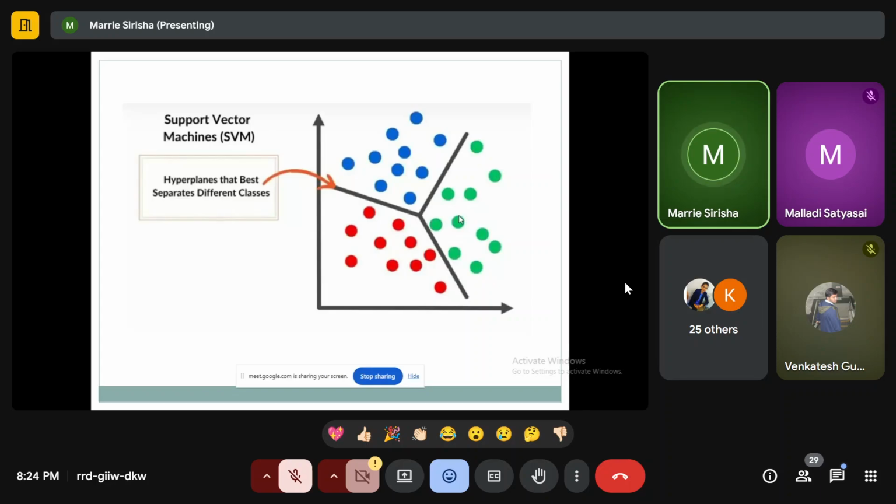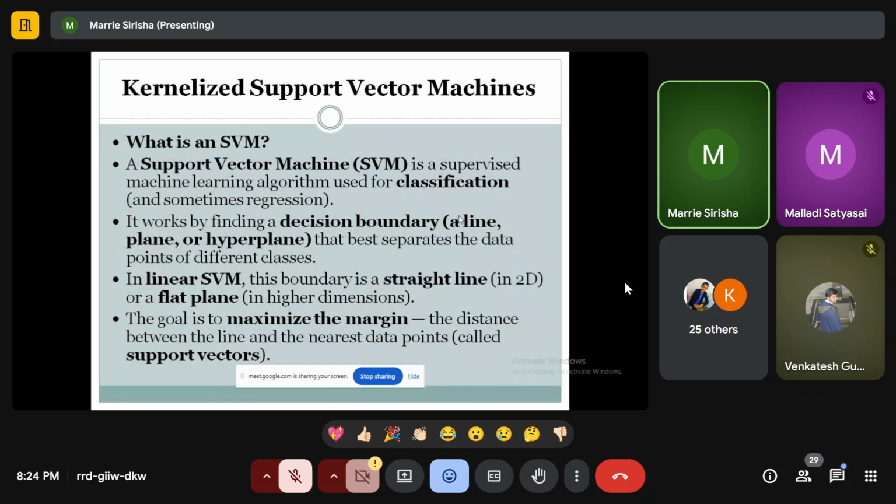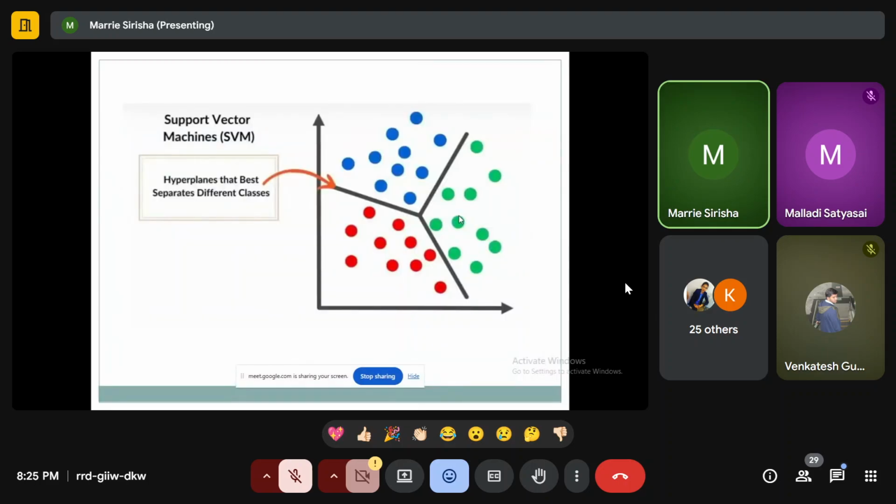We need a more advanced algorithm to classify a larger number of categories, right? So this is the concept of support vector machine, SVM. Before going to kernelized support vector machines, you need to understand this concept. You understood, right? It will just separate the data points of different classes, but the shape may be linear, hyper, anything.